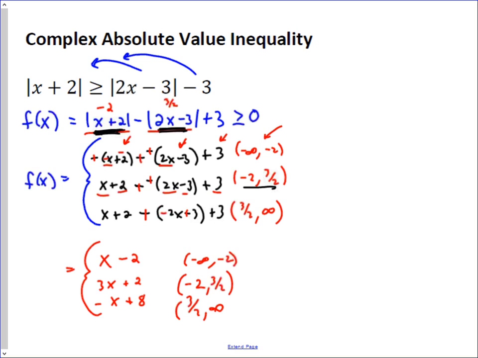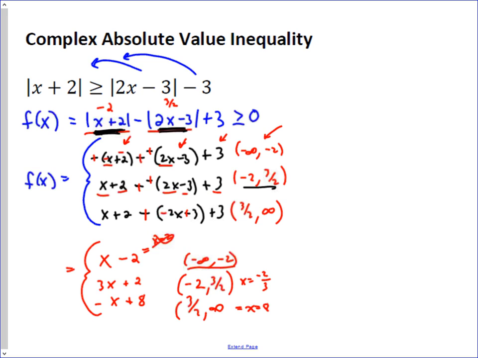So the function might equal 0 right here when x equals 2, but x equals 2 is not in this interval, and so that does not work. In this interval, this is 0 at x equals negative 2/3. Negative 2/3 is in the interval, and so this is a 0 of the function. And then finally, this one is x equals 8, which is also in this interval and is also part of the function. So the critical points, the zeros of the function, are at negative 2/3 and 8.